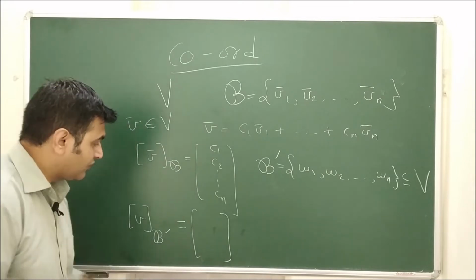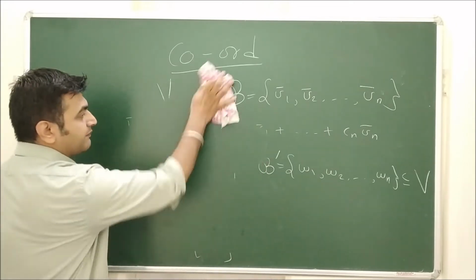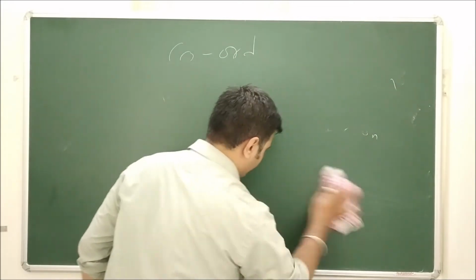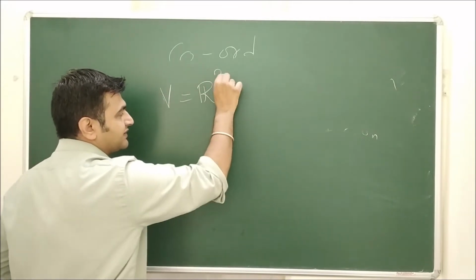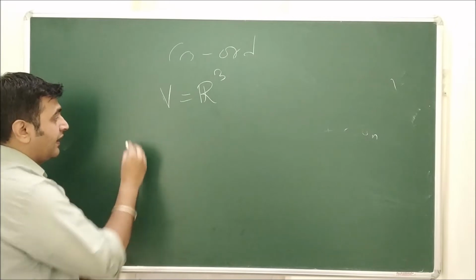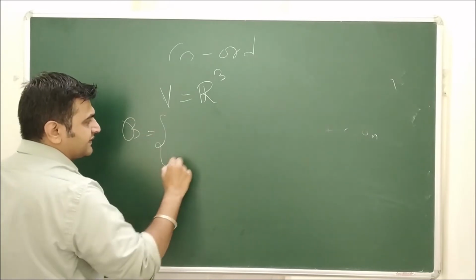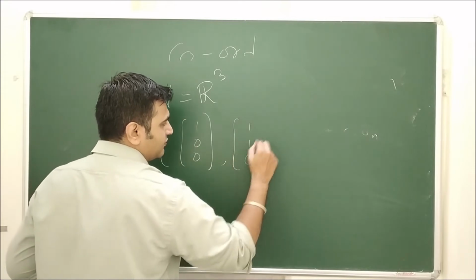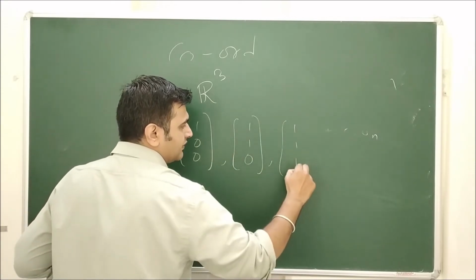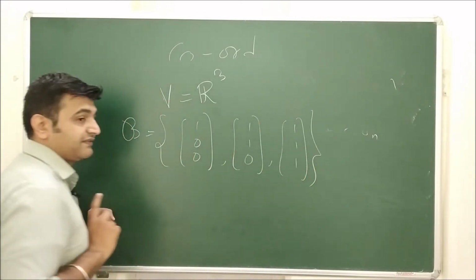Let me tell you this with the help of an example. Suppose I give you my vector space V as R3, a three-dimensional vector space over real numbers. Suppose I give you B as (1,0,0), (1,1,0) and (1,1,1). This forms a basis for R3.